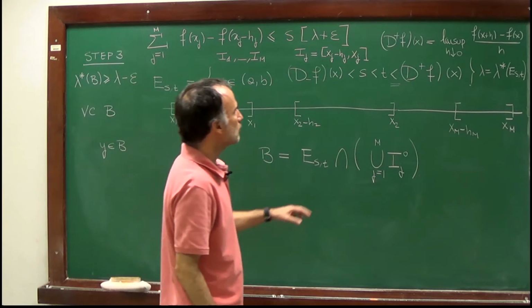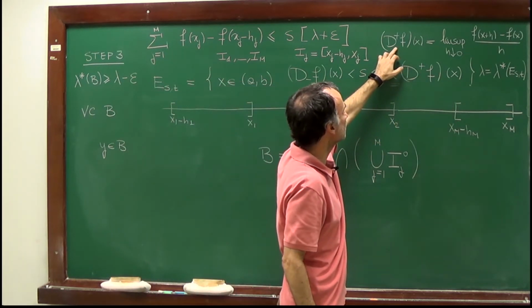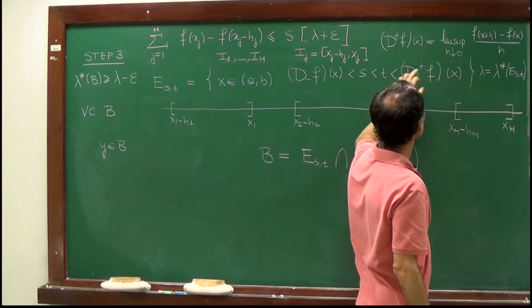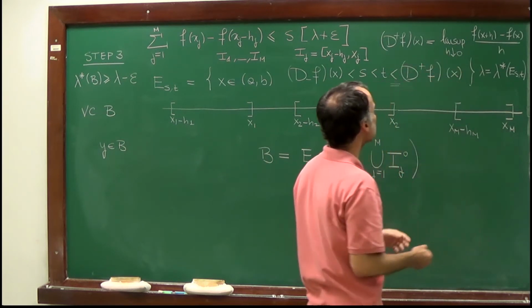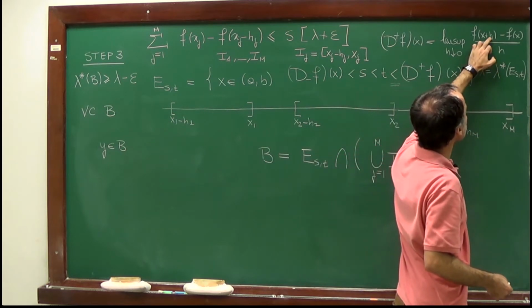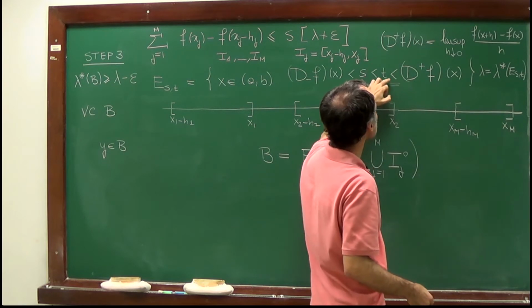Since y belongs to B, D plus f of y, which is given by that, is larger than t. So this means that this limit sup is larger than t. If the limit sup is larger than t, I can find a sequence h converging to 0 for which this inequality holds.